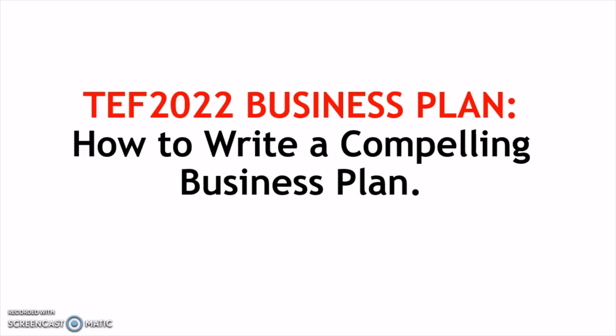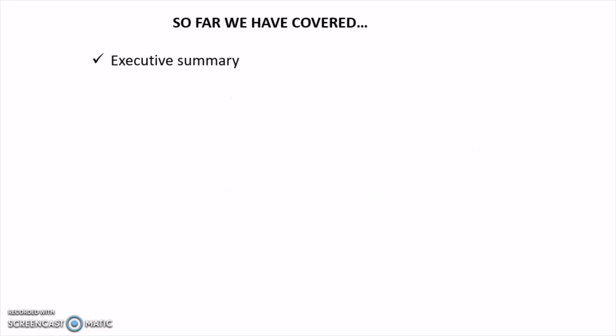So far we have covered the executive summary, which is something you should start writing as soon as you have finished writing every other aspect of your business plan. You can then begin to write your executive summary. We said it's a summary of all the sections of your business that gives a clear picture to anybody, a clear understanding of what your business is about.